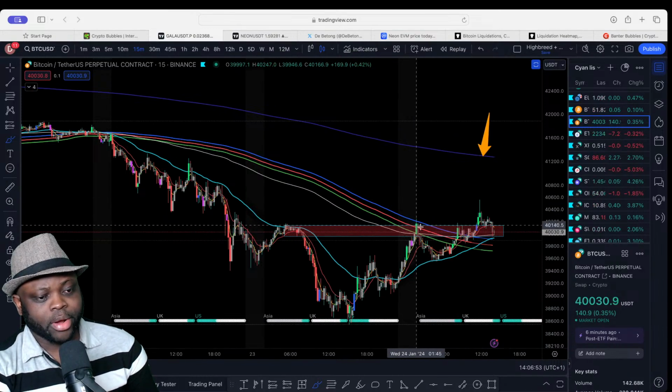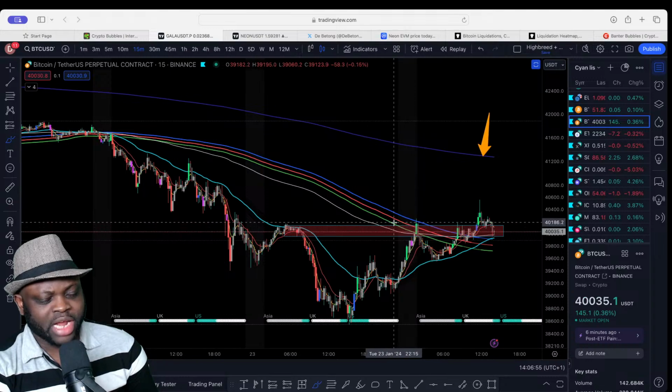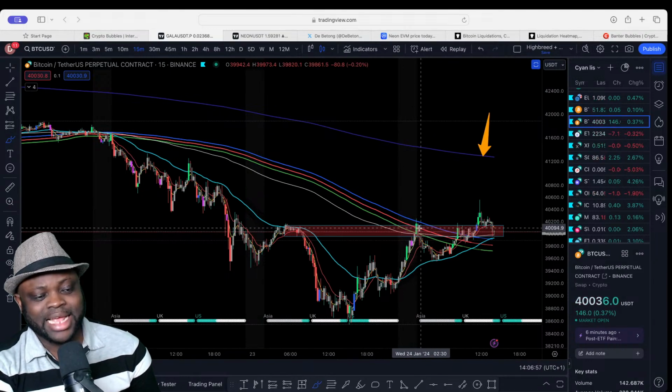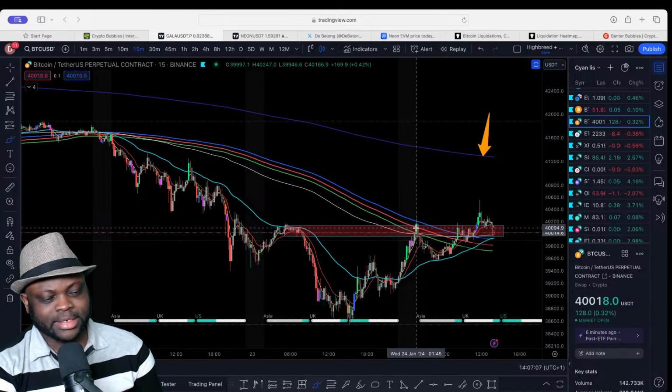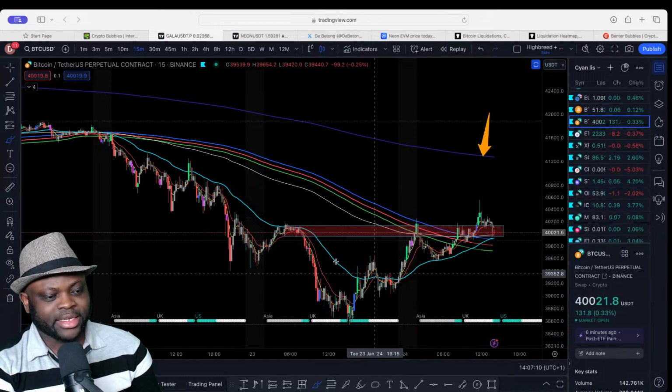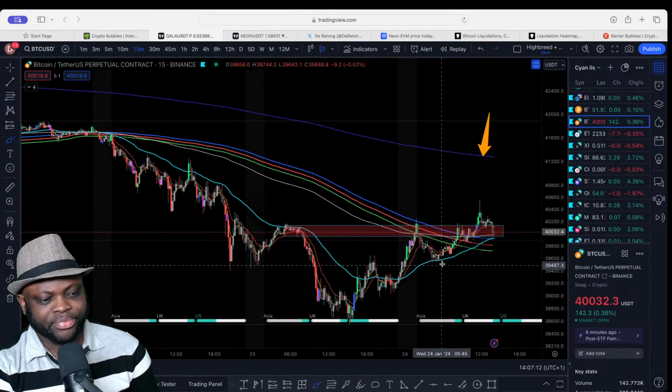Meanwhile, the moving average in the middle is acting as the point of control. That means it's a direction where price is going to decide either to move up or to move downward, in a critical situation.